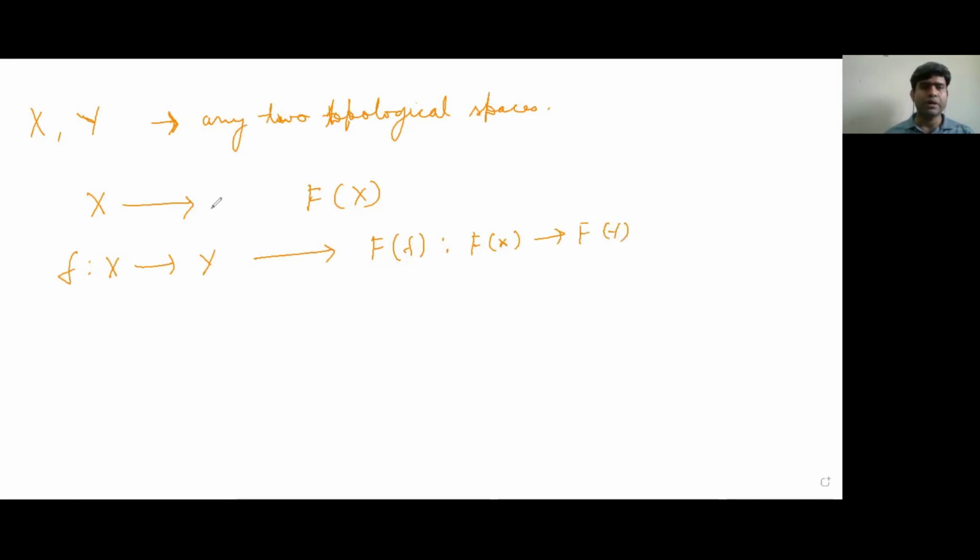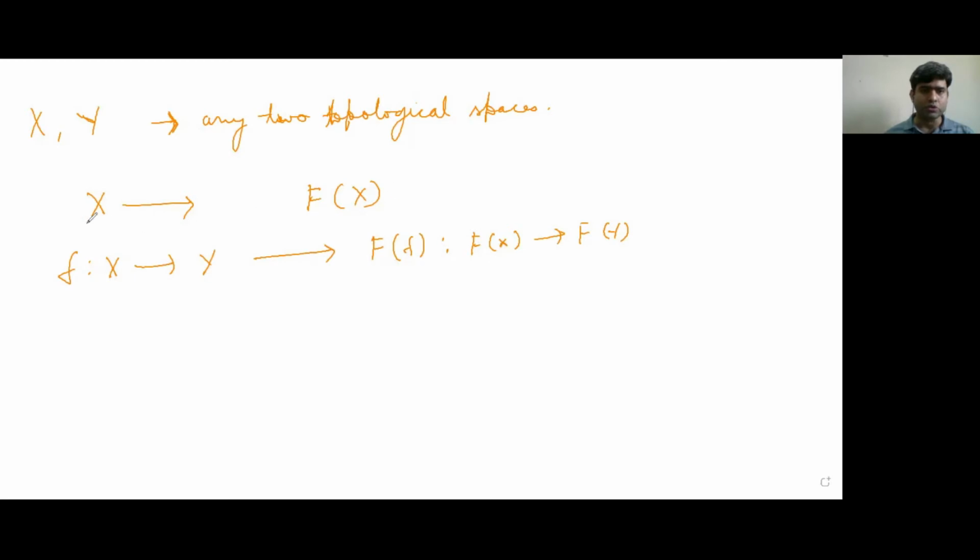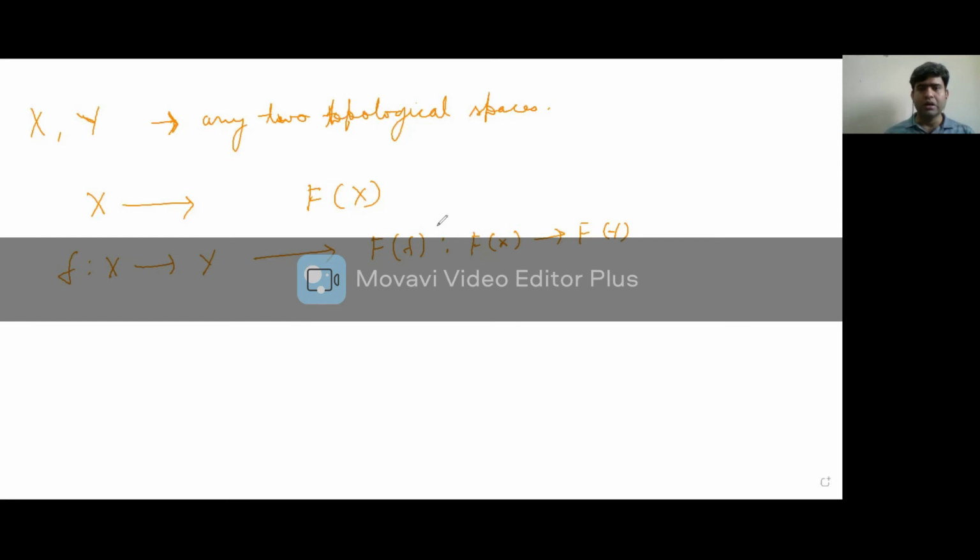Suppose we associate a group F(X) to X, then to this continuous function f we associate a group homomorphism from F(X) to F(Y).